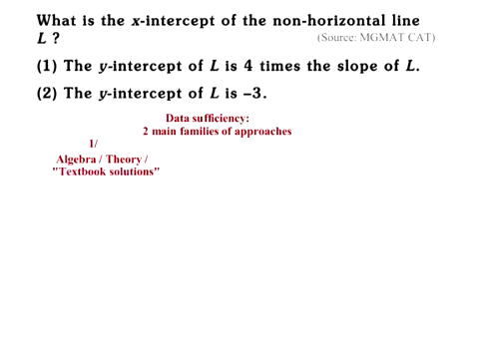But then if that kind of thing doesn't work, then you're pretty much left with one other type of approach, which is making lists of cases and testing them. We're going to see both approaches to this problem.